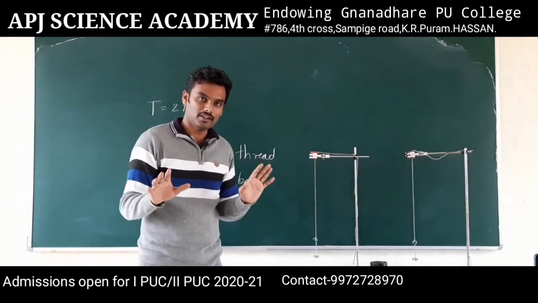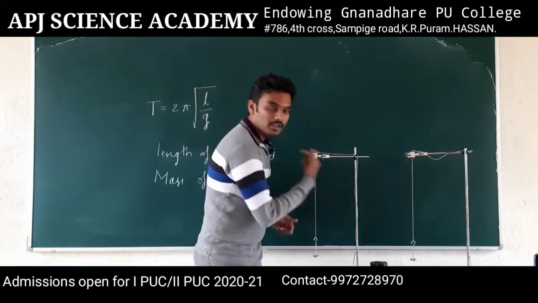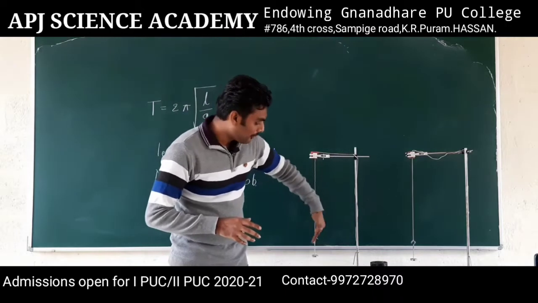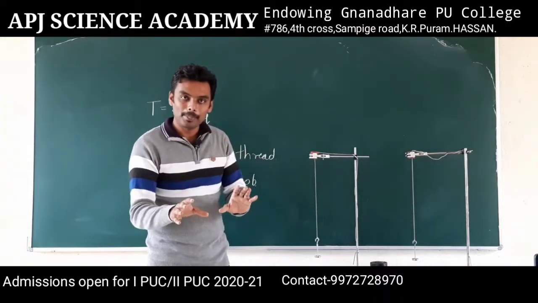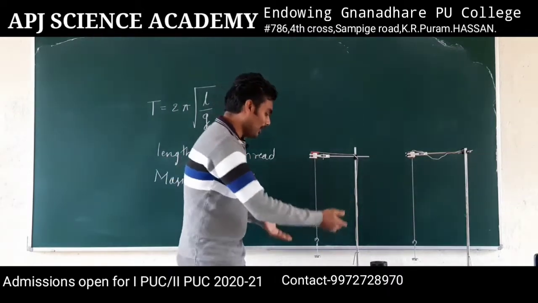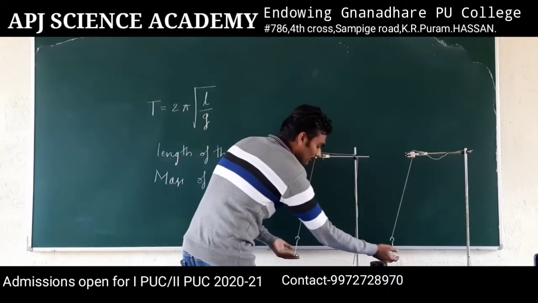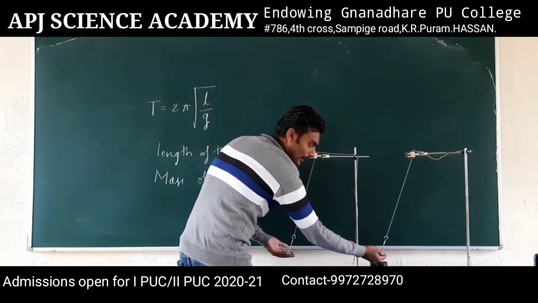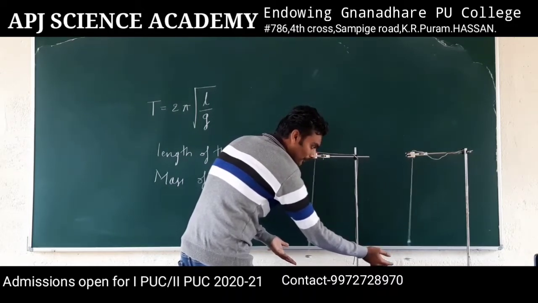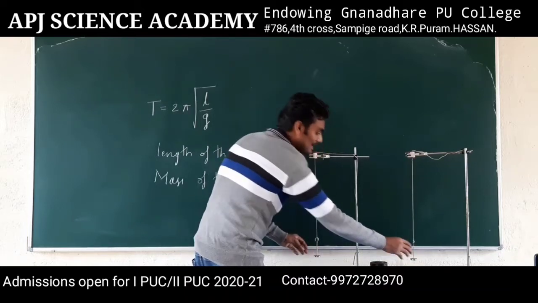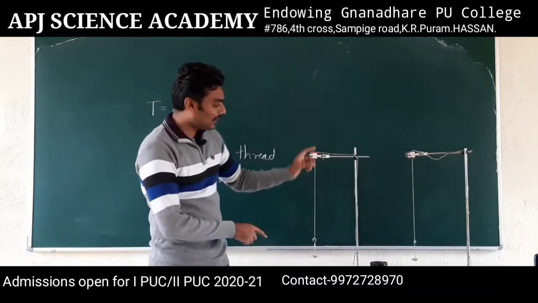Clear? The length of both pendulums is the same, the mass of both pendulums is also the same, so the time period is also the same. They are taking the same time, you can observe here. See, they came back at the same time. So the time period is the same when I have the same length and the same mass.